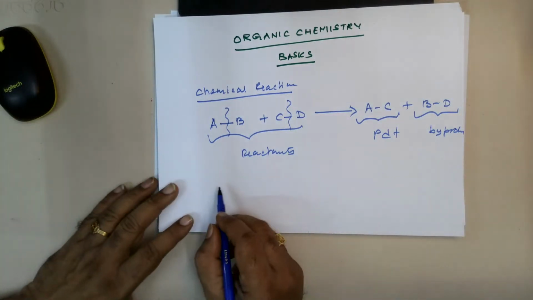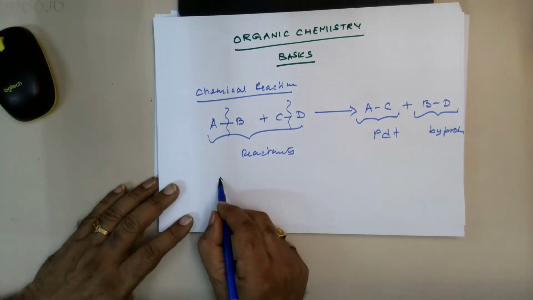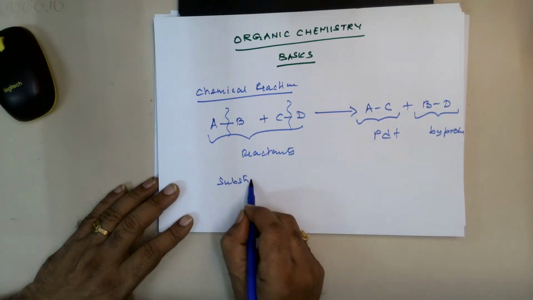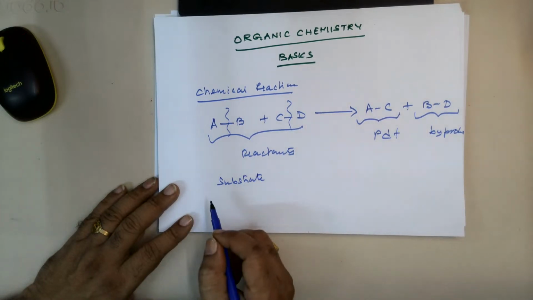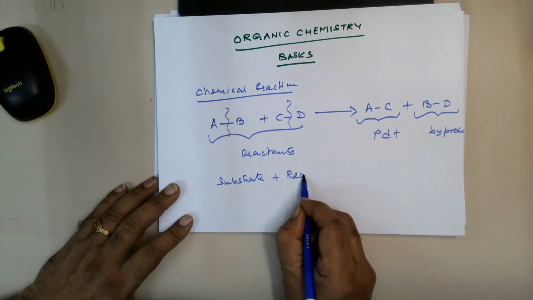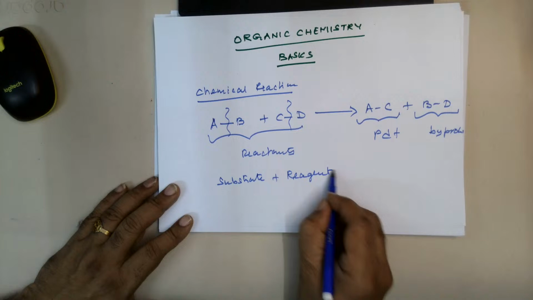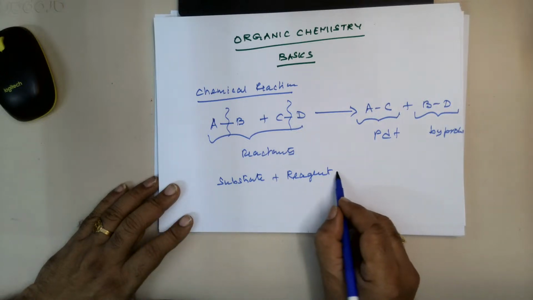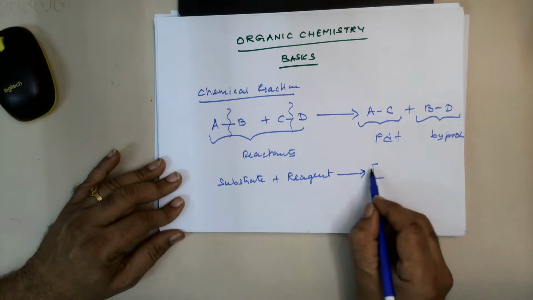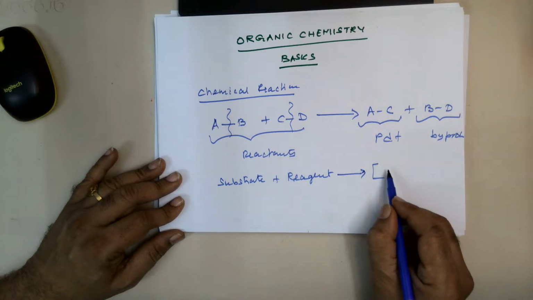Let us consider a substrate with which we are going to add some reagent, so that sometimes it will form an intermediate that is represented by square bracket.